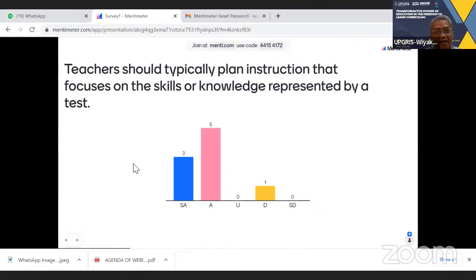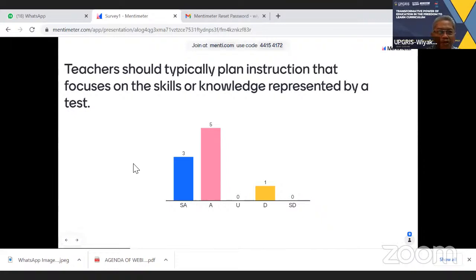Probably we are familiar with the saying test-driven teaching or test-directed teaching. Teachers teach the students because they encounter that the time for examination comes closer to them.